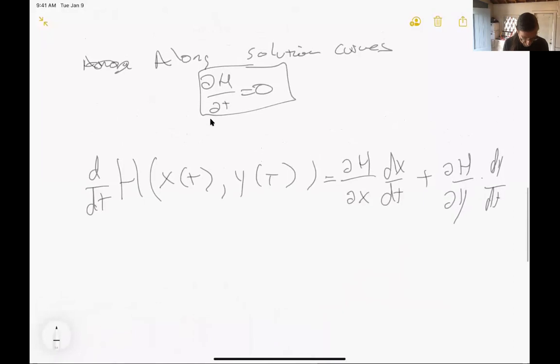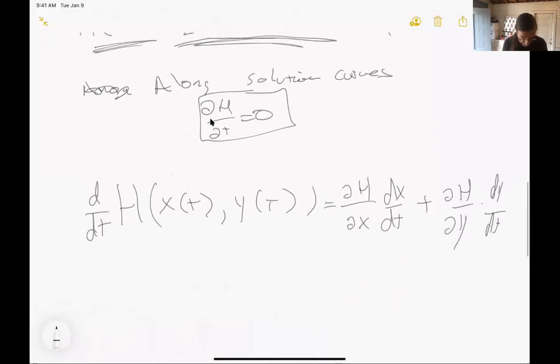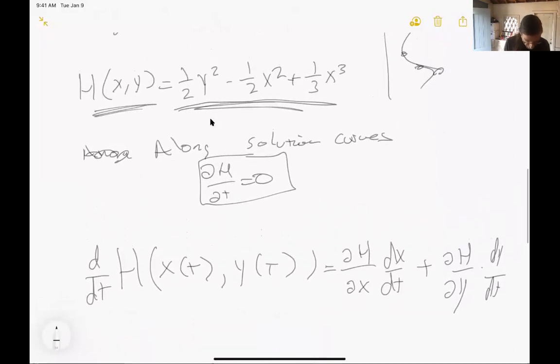Now, a lot of this stuff we can fill in. Going back, the partial of h with respect to x, we can fill that in because we know what h is. What's the partial of that function with respect to x? Just read it off. What do we get?